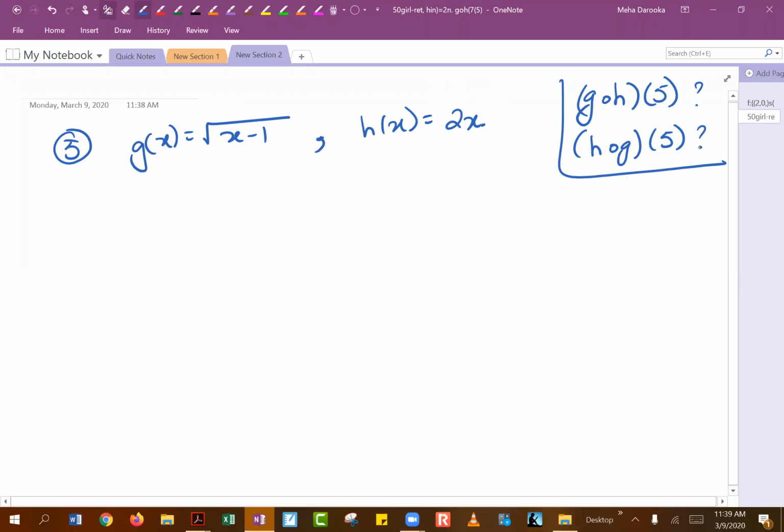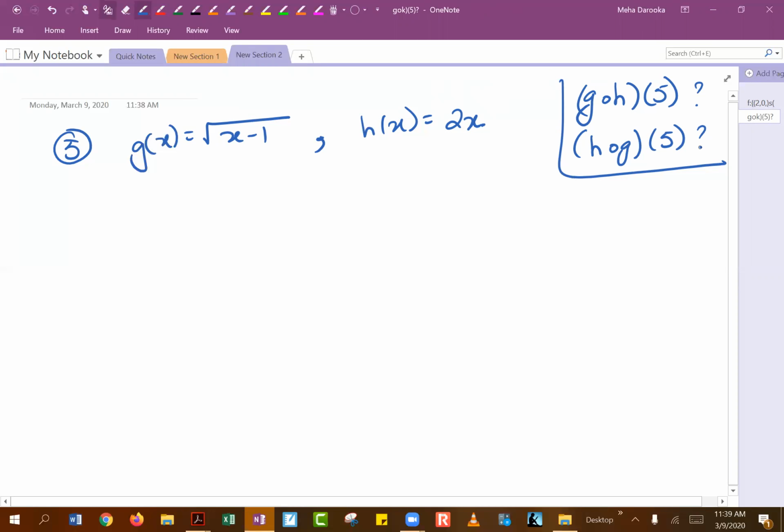What I want to do is show this to you in 2 different ways. They're specifically asking you at 5, but what if they just said find G of H or find H of G without that 5 in there? Then how would we do it?